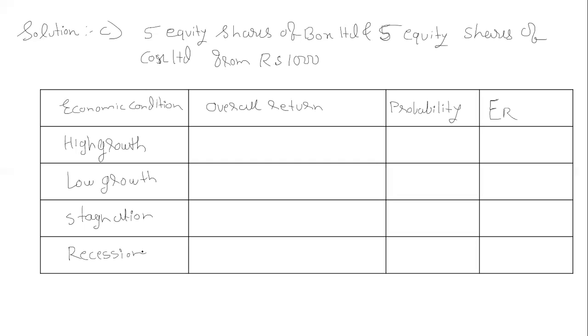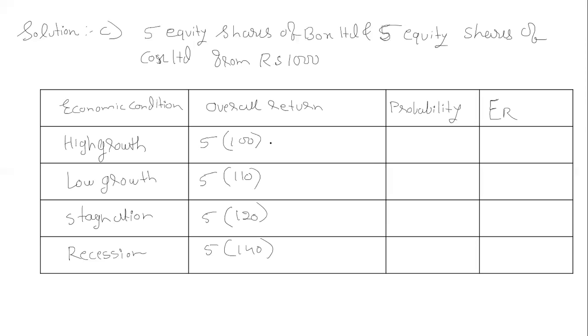So let's put these values in overall return, that is we have 5 shares of Box, okay, so multiplying 5 to 100 return, then 110, then 120 and 140.